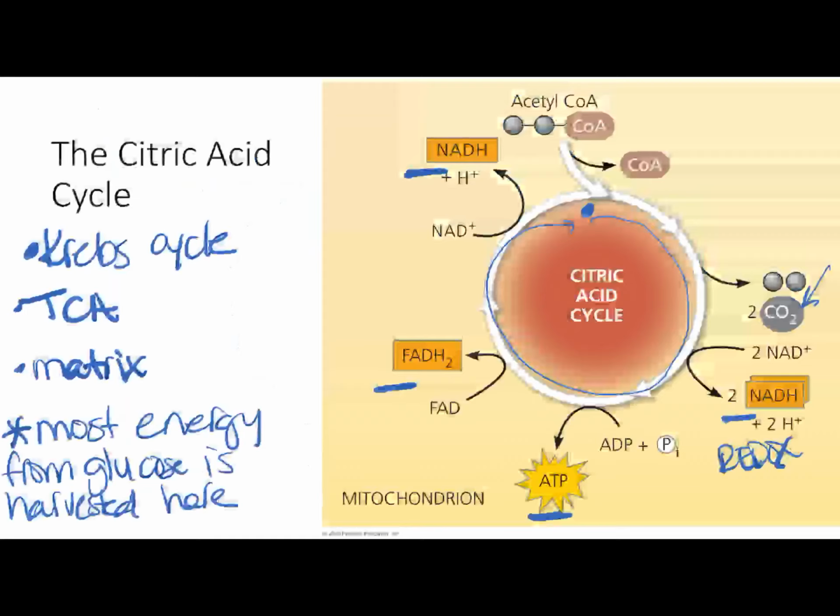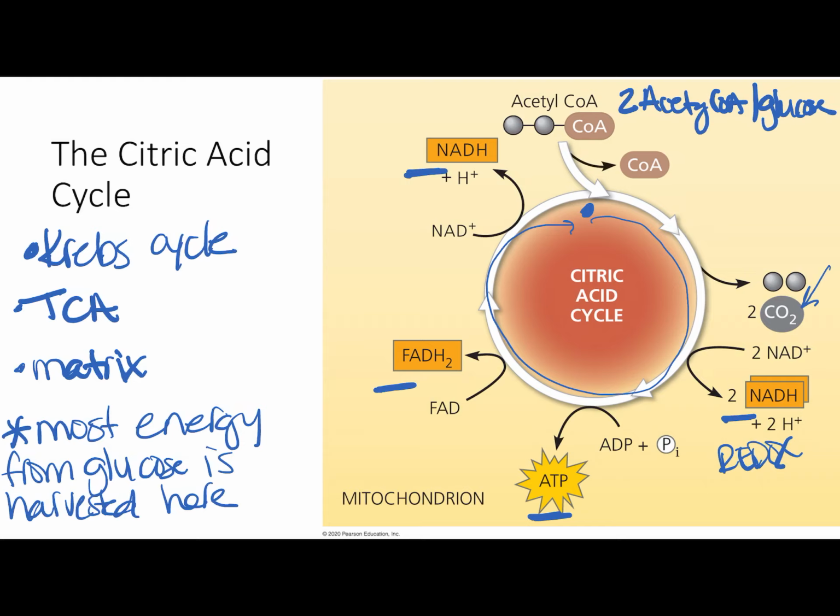Again, let's go back. What do you need to know? Acetyl-CoA comes in. There are 2 acetyl-CoAs per glucose, 1 per pyruvate. So when we talk about going all the way around the Krebs cycle, we call that 1 turn. Okay, so 1 turn of the cycle. Acetyl-CoA turns the cycle 1 time.